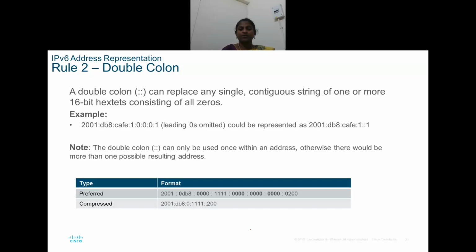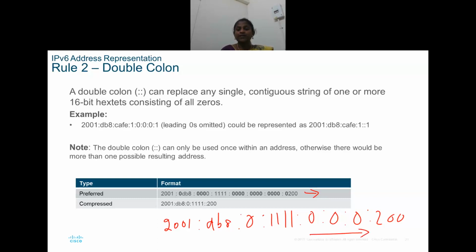If you write the example in the first format, applying the first rule, you get 2001:DB8:0:1111:0:0:0:200. Now I get continuous zeros here, so I replace all these continuous zeros with a double colon.